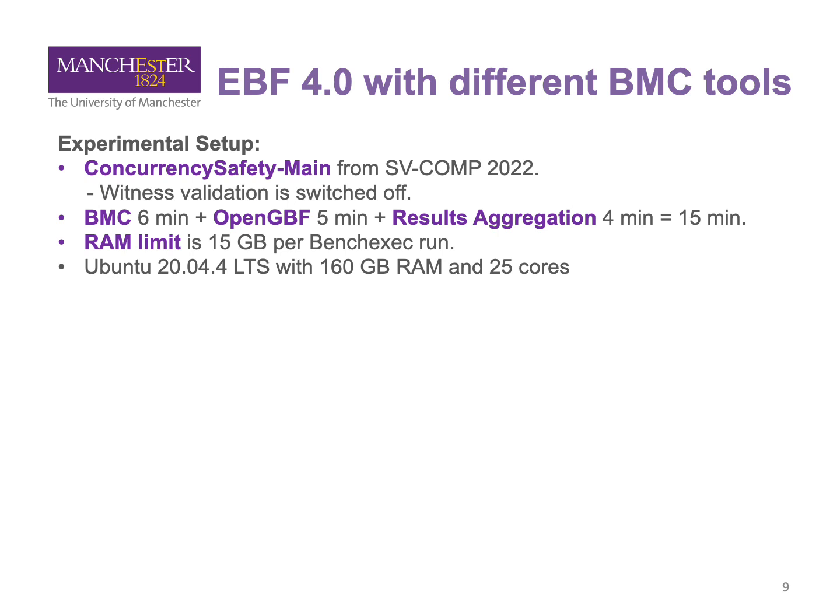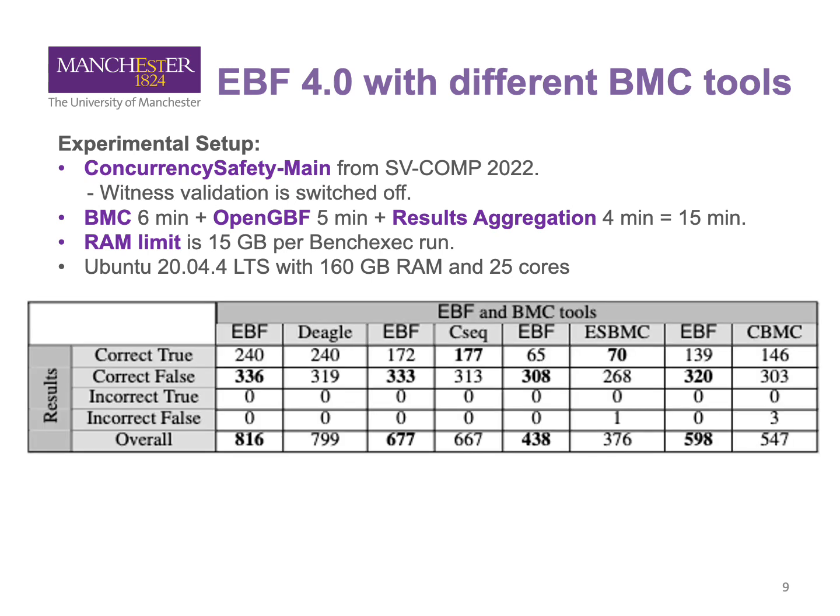Each BenchExec run was limited to 15 GB of memory. These experiments were conducted on a machine with 160 GB of RAM and 25 cores running Ubuntu 20.04. We evaluated EBF with 4 different BMC tools that achieved high positions in the concurrency category of SV-COMP 2022.